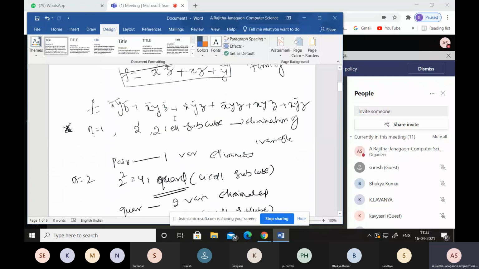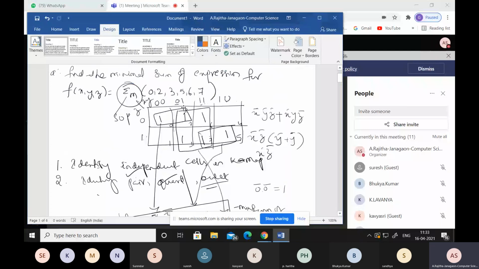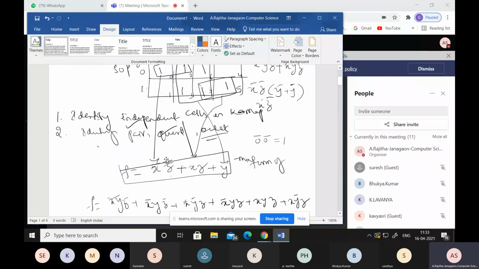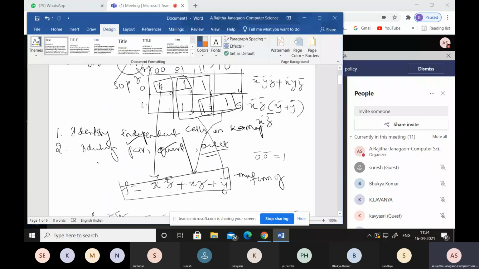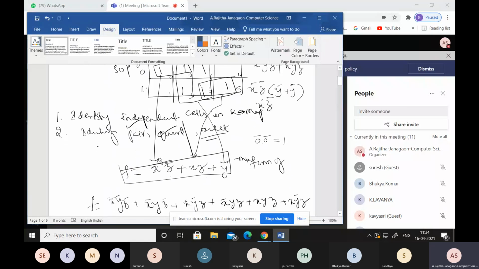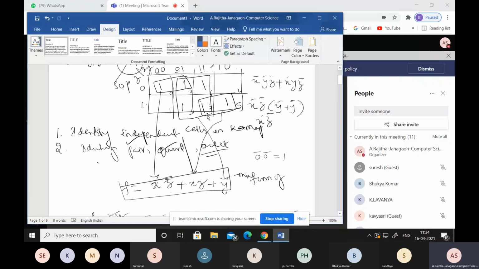Observe this example. If it is a pair, in total how many variables will we have? 3 variables should be there, because here we have a maximum of 3 variables. So from these 3, if it is a pair, how many variables are eliminated? 1 variable is eliminated. So this is one pair, here also 1 variable is eliminated.